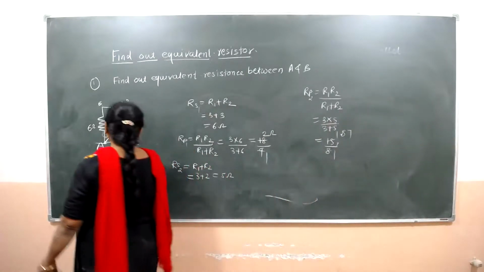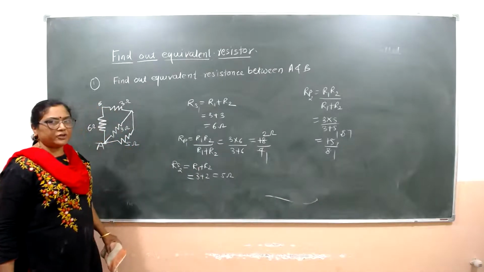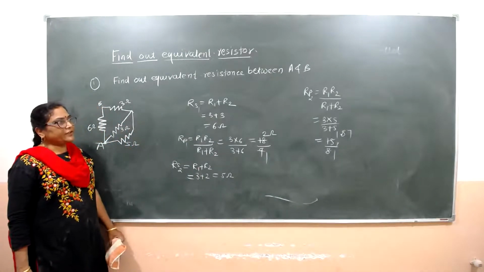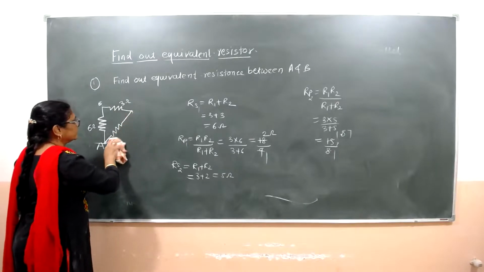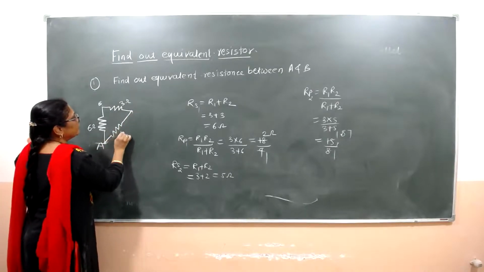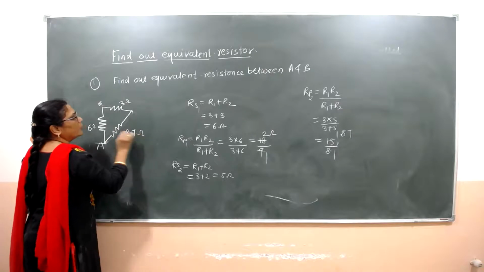Therefore, when the 3 ohm and 5 ohm are parallel to each other, the equivalent resistor is 1.87 ohm.